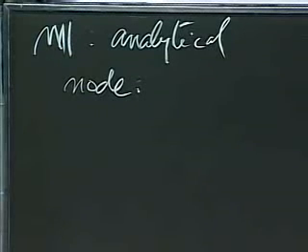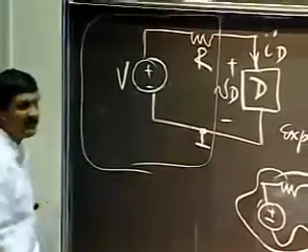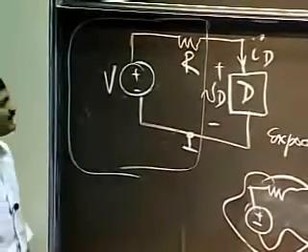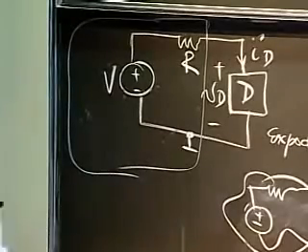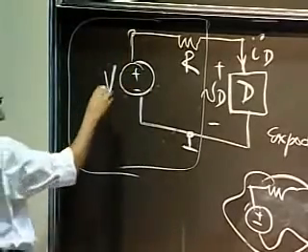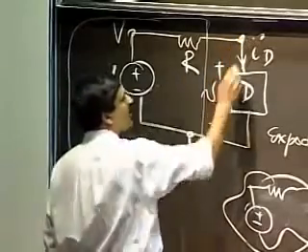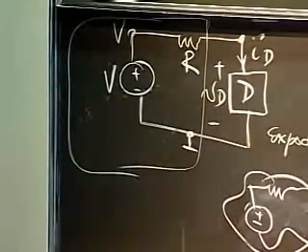So let me go ahead and apply the node method. To apply the node method, I first have to select a ground node. Let me select this as my ground node. Let me label all the nodes with their voltages. This node has voltage V, and this node has a label V_D.